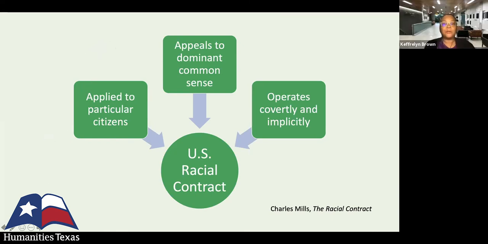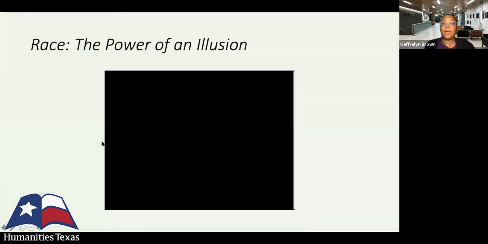Okay, so we can go to the next slide and we're going to watch a little bit of a clip. It's a little under 5 minutes. It's from a film entitled Race: The Power of an Illusion, which gives an overview and a history of race in the US and how it played a foundational role in the earliest beginnings of the country all the way to the present.